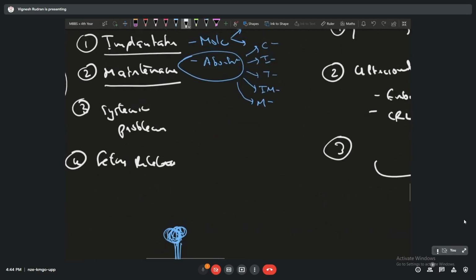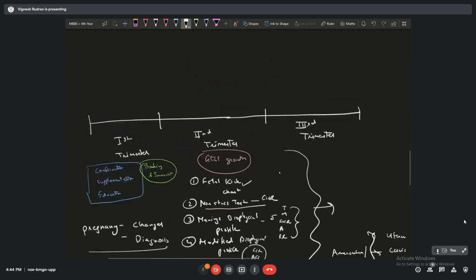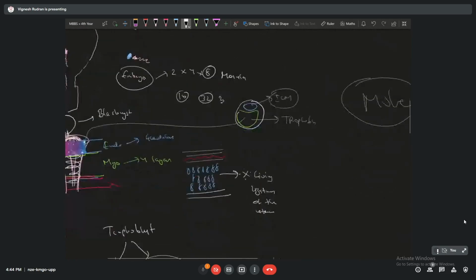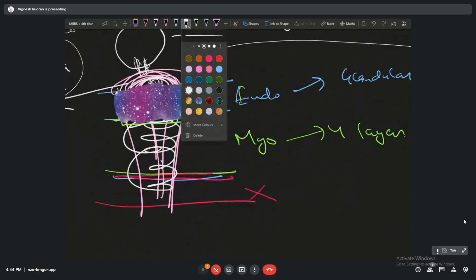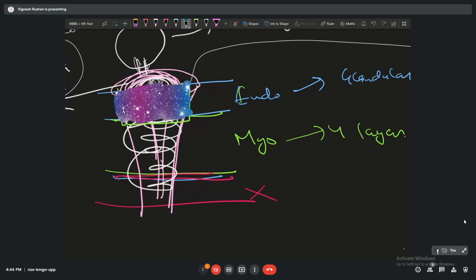And then systemic problems, two of them I told you, right? Anemia and hypertension. So hypertension is related to the placenta and penetration. So when there is incomplete penetration, for example, you have a condition like this, okay? So you're going to have blood flow over here.